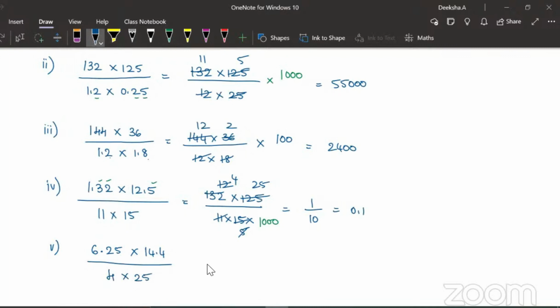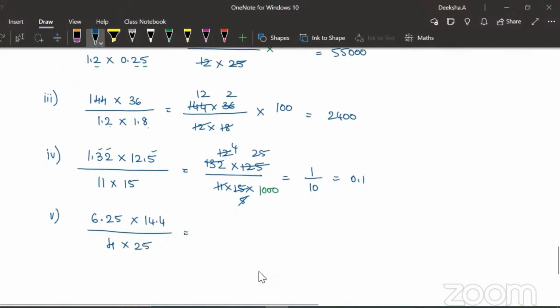What is the answer for this? What answer do you get?